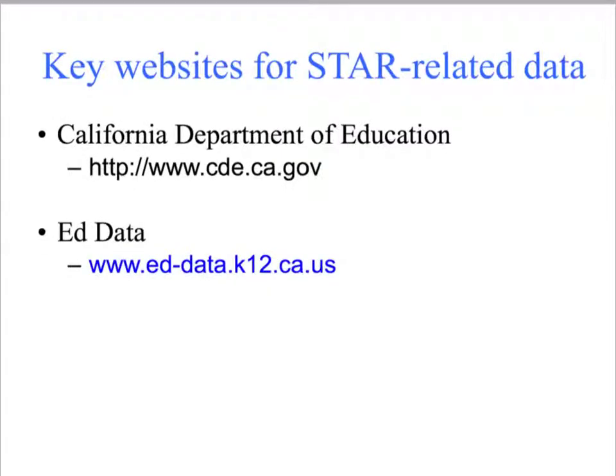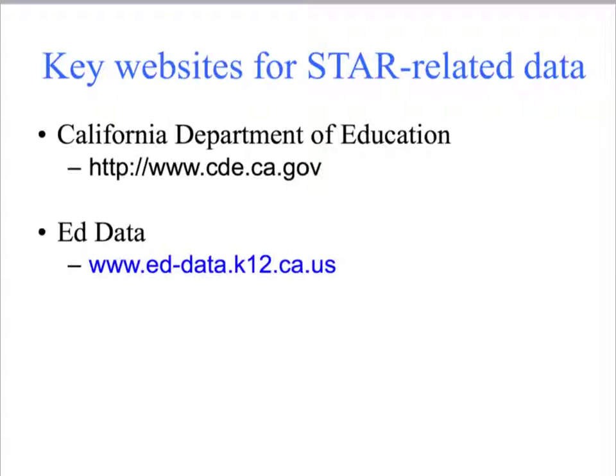And I know we've looked at these two websites before, but I just wanted to get them into this film because they're really the central websites that you can go to for STAR-related data. The first is the California Department of Education website.